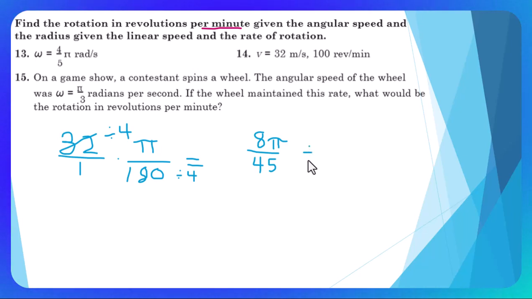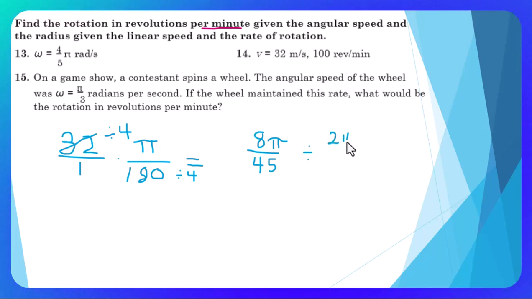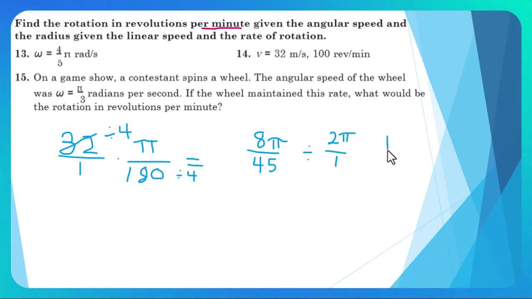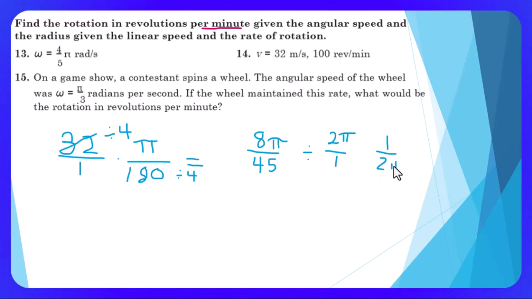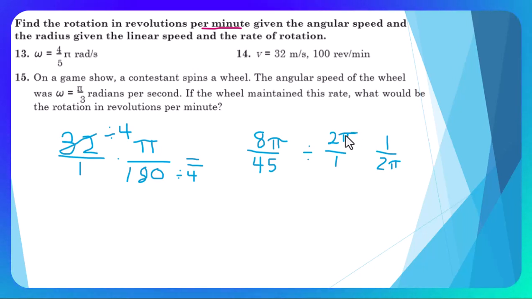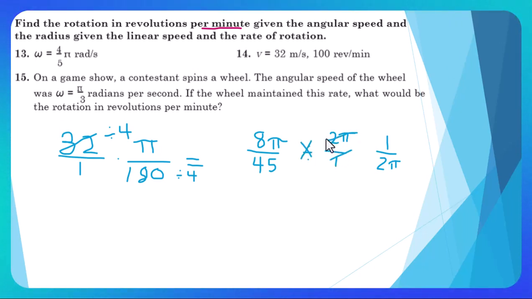Now when we're dividing by 2 pi, when we divide by a number, we're going to put that over 1, flip it upside down and multiply. Change this to multiplication and change this to the reciprocal.